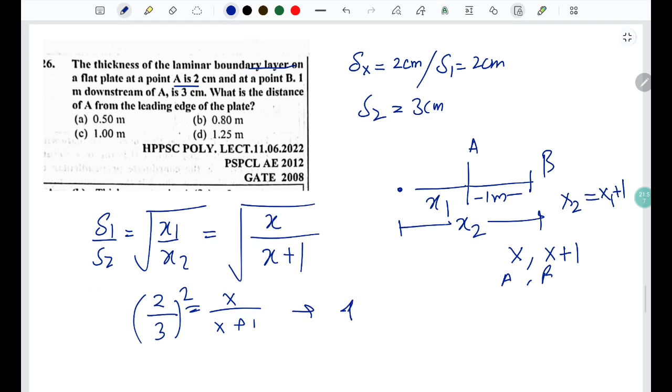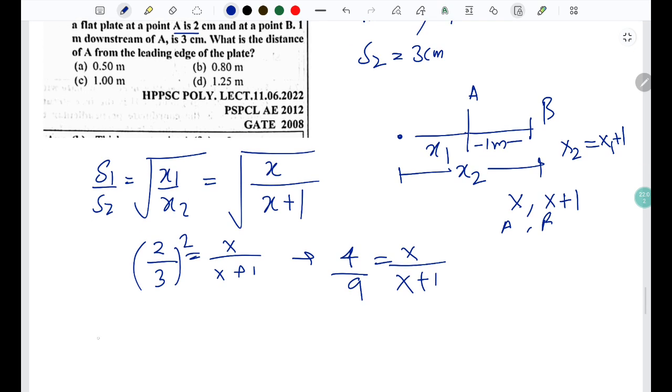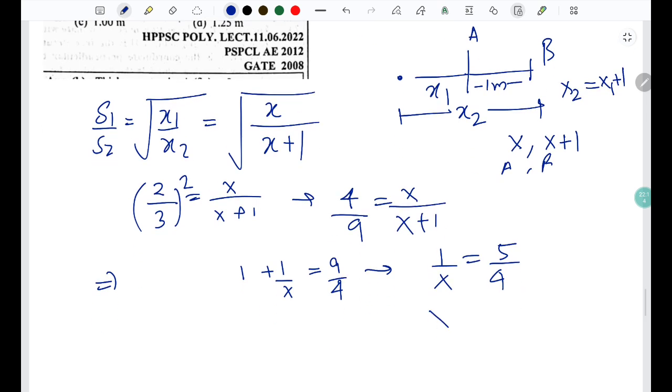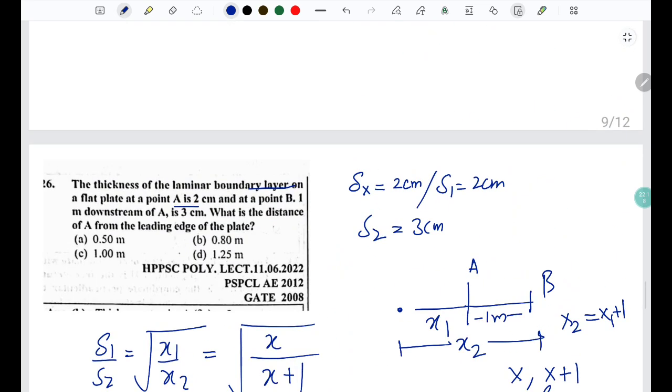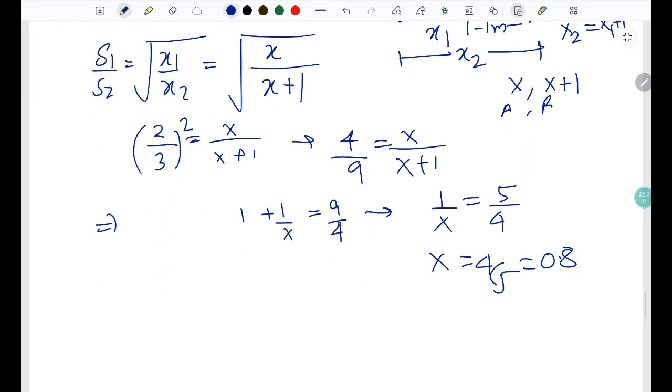Moving on, we'll get 4 by 9 equals x by x plus 1. On solving, 1 plus 1 by x is 9 by 4. So that means 1 by x is 5 by 4. So x becomes 4 by 5, that is nothing but 0.8. Hence B should be the answer.